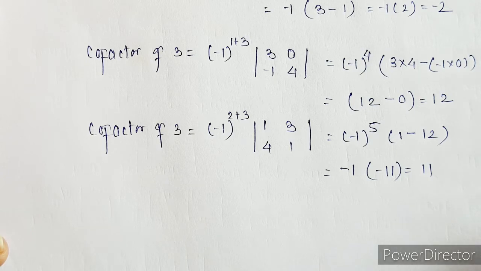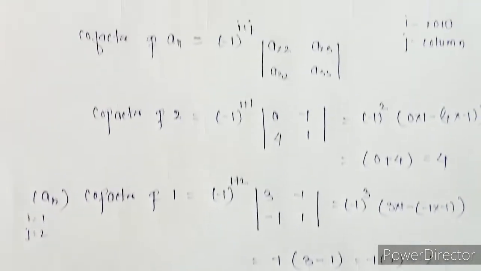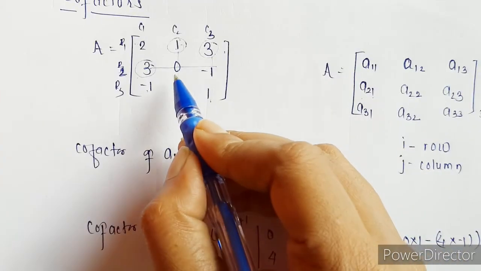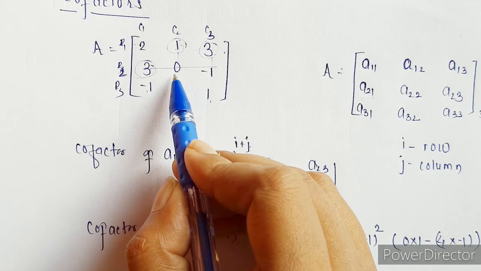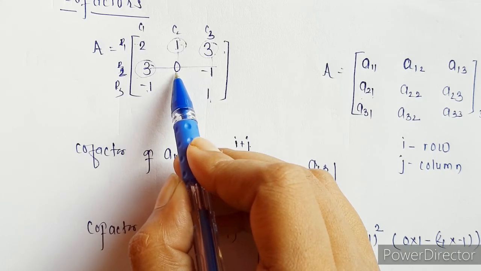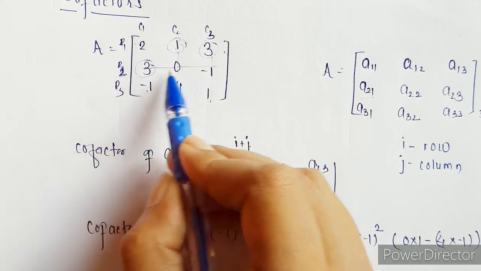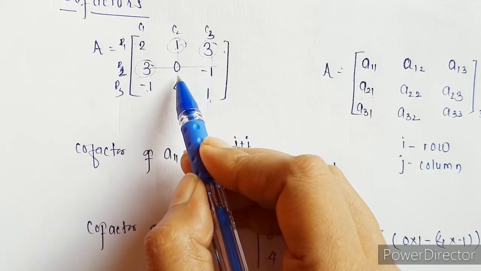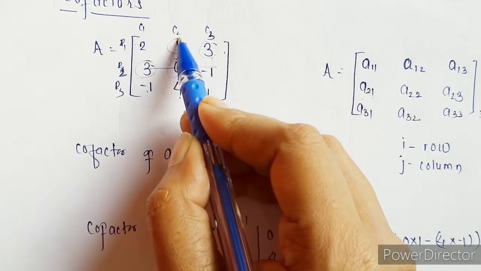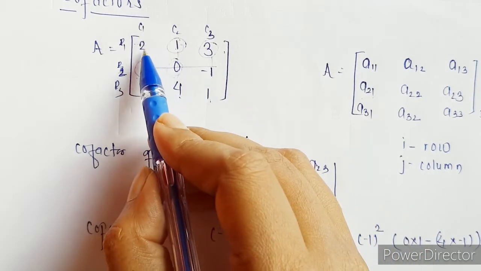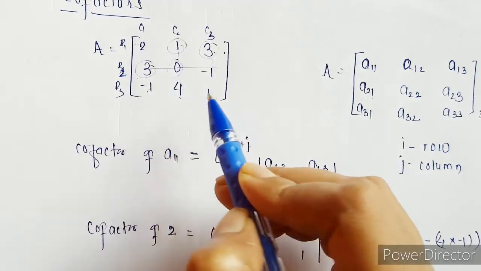Then we need to find the cofactor of this 0. This is the element A22, from row 2 and column 2, so i is 2 and j is also 2. Forget about the same row, same column; the remaining terms are 2, 3, minus 1, 1.